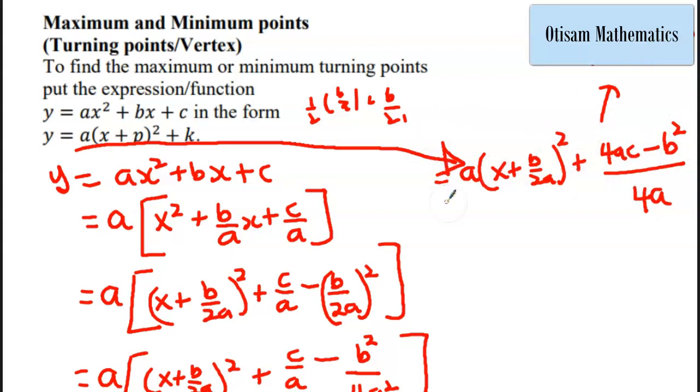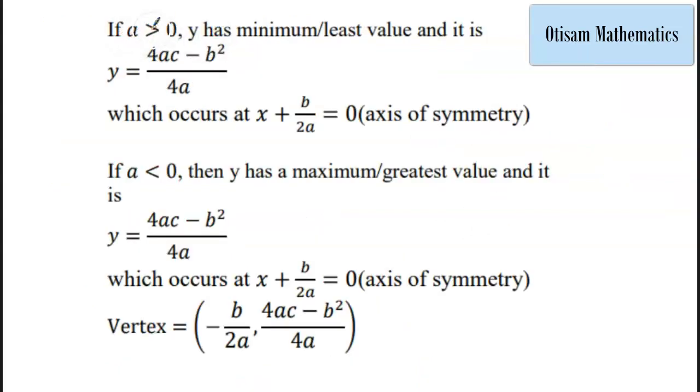Now, where does the maximum or the minimum value occur? As I said, if a is greater than 0, y has a minimum or least value, and it occurs as x plus b on 2a is equal to 0, and it is the same as the axis of symmetry. So when you find x, it will be minus b over 2a.